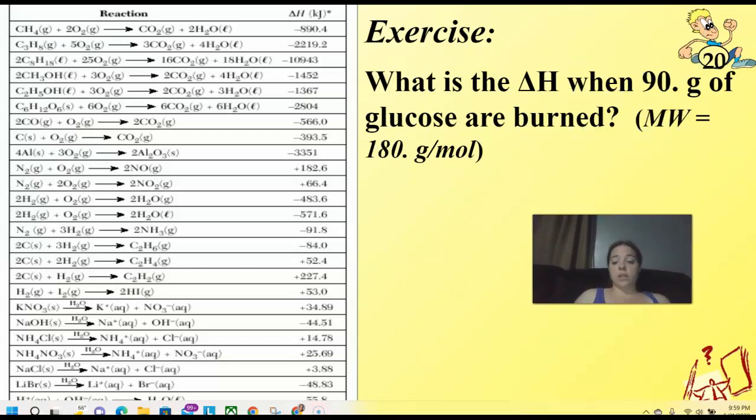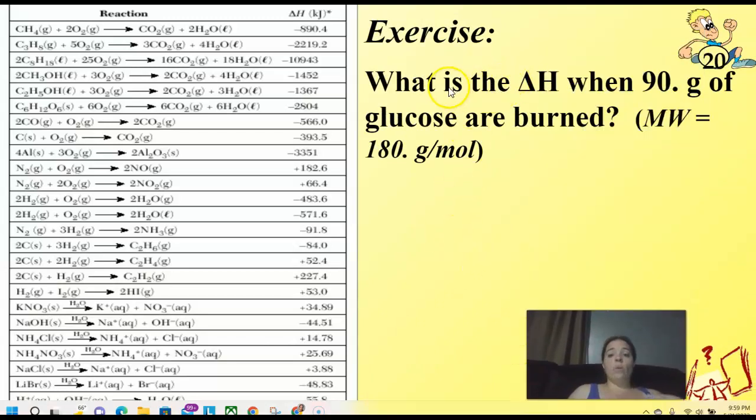So, okay, let's look at this. What is the delta H when 90 grams of glucose is burned, with a molecular weight of 180 grams per mole? Again, you got to remember, if I have grams here and I'm given the gram formula weight, I got to figure out how many moles: 90 divided by 180, that's half. So I have half a mole, so I need half of this glucose value right here.